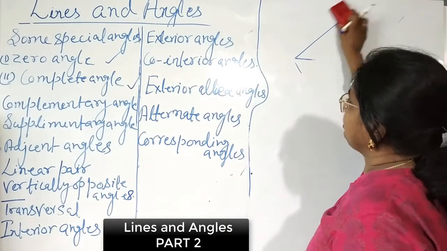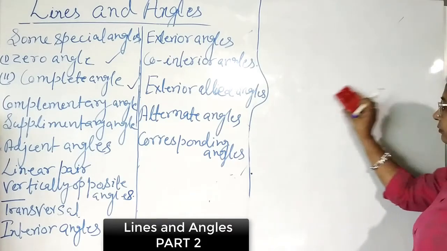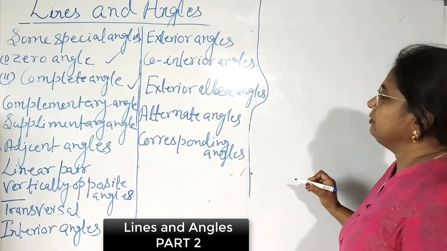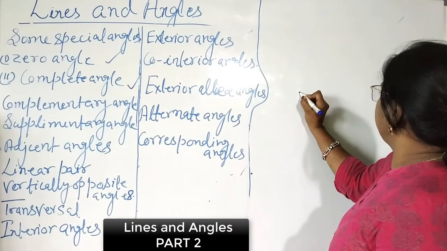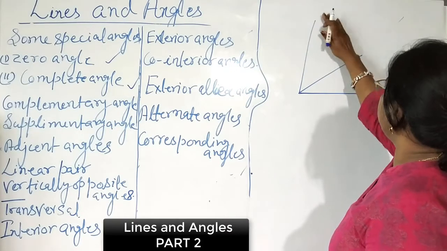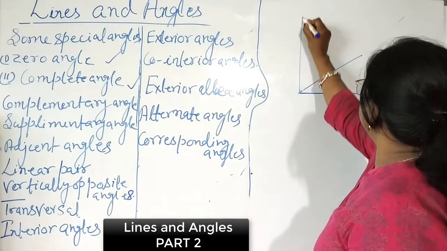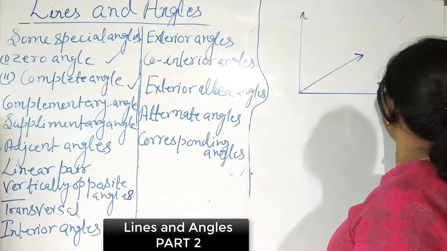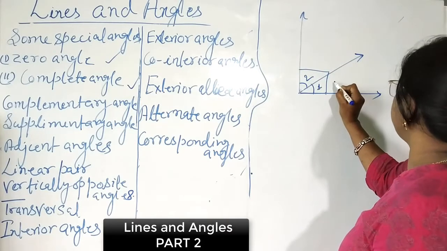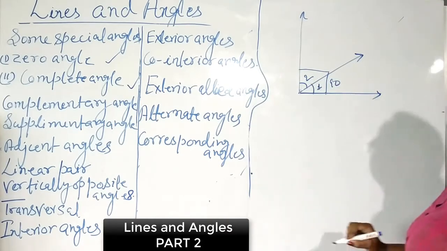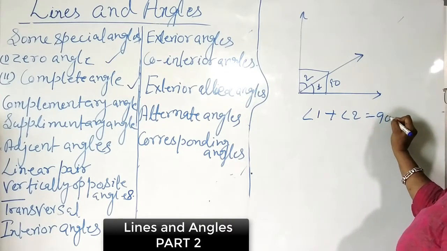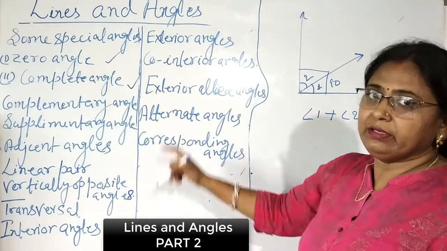Now the second thing is complementary angle. If the sum of two angles, suppose this angle is 1 and this angle is 2, and the total is 90 degrees, then angle 1 plus angle 2 is 90 degrees, and it is called complementary angle.